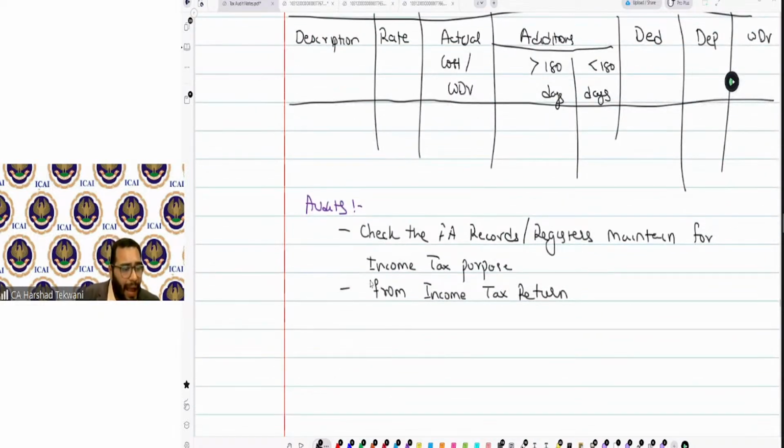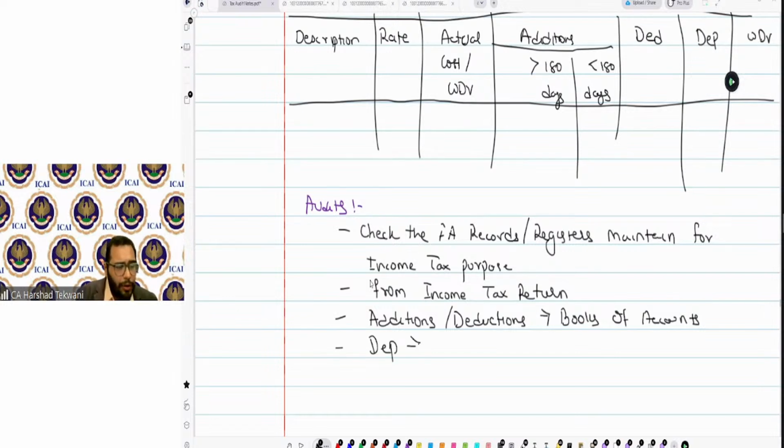Then the additions and deductions can be based on your books of accounts. Depreciation is just a recalculation, okay, that you can perform because you already have a rate over here. So you can recalculate this depreciation and you can get the WDV. So it's pretty much simple. There is nothing much complication in this.